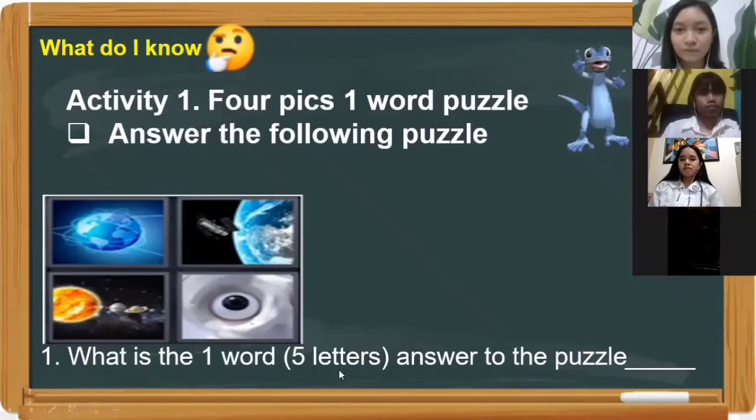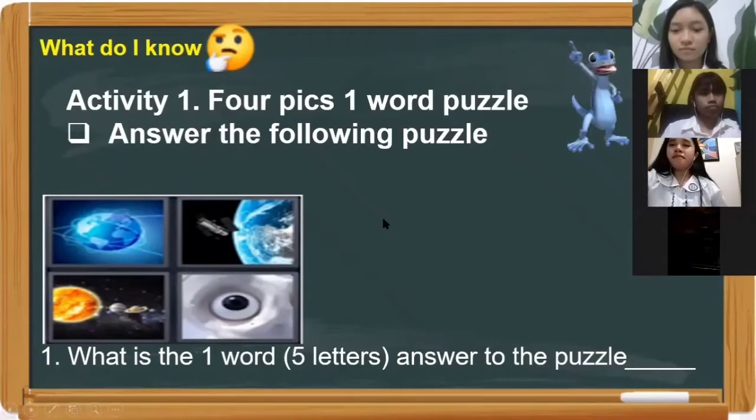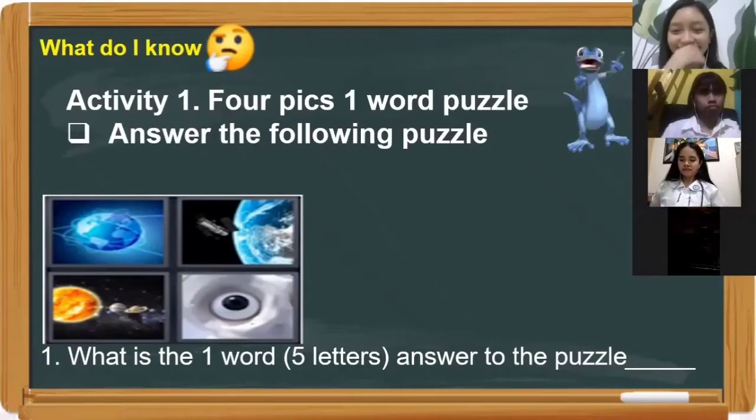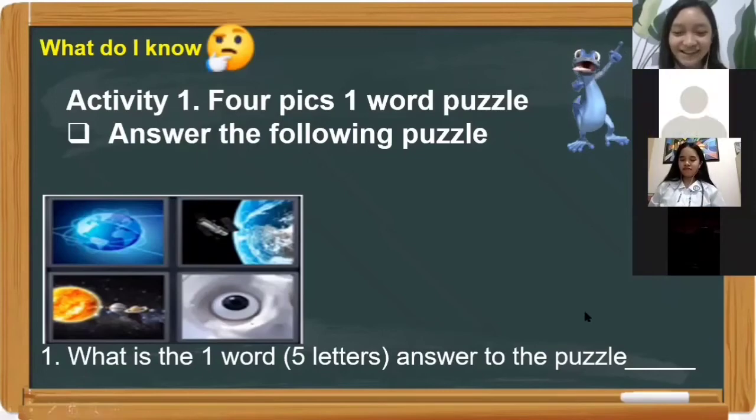So 5 letters. The word here is composed of 5 letters. So space. Solar. Solar. Who's that? Sino yun?